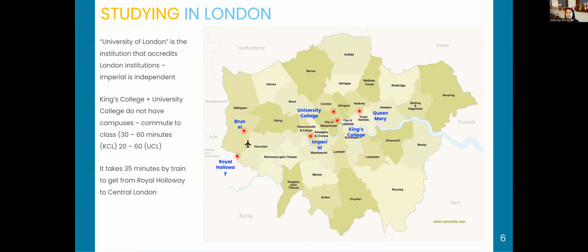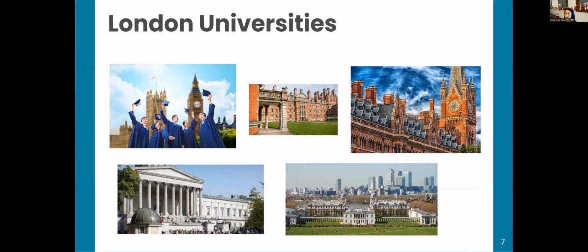I would say the tube is even easier to get to the heart of London, even from Royal Holloway, which is all the way to the side. The other thing I forgot to mention is that you'll see University of London. Basically, that's the institution that credits London institutions. So think of it as somewhat analogous to our UC system. Okay, but let's talk about the actual universities within London.